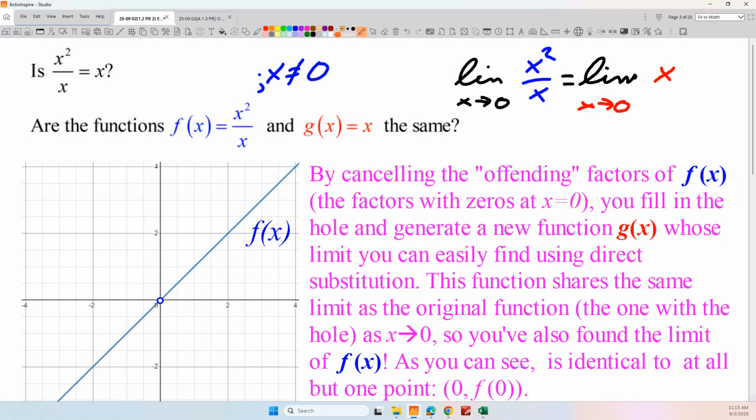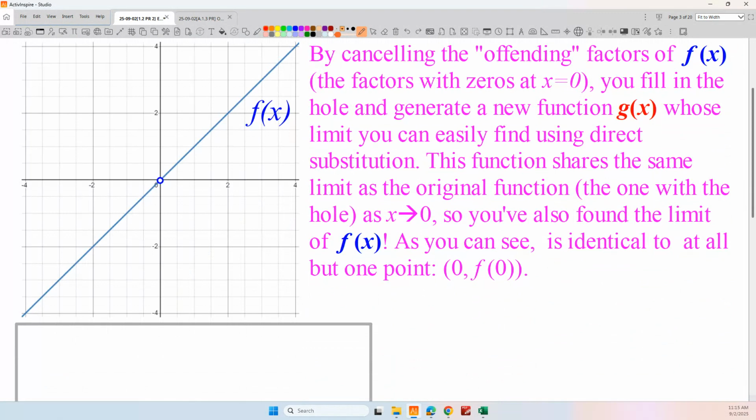And what is that answer if I evaluate directly? It's 0. Yeah, how about that? So we know the answer. Now we can see that from the graph. As x approaches 0, what y value do we think we're approaching? 0, okay? But now we got there algebraically. We didn't have to use the graph.